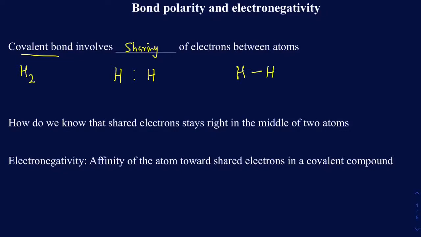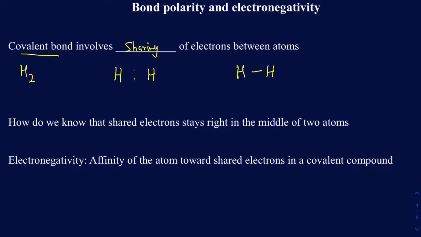But instead of representing it as a bond, we want to actually look at the first representation where we can easily understand the bond polarity. Right now, this electron pair between the two hydrogens is being shared by both of them. Another way of saying it, both of those hydrogens have an equal right to those shared electrons.